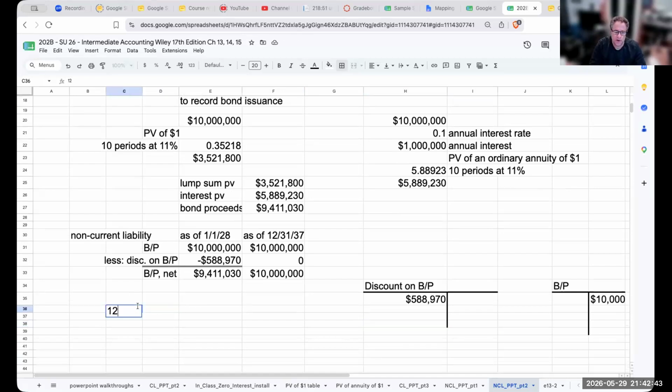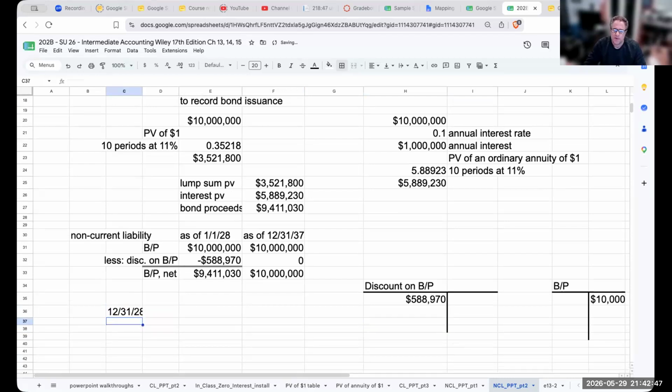So how do we go through and do this? Well, let's go ahead and do 12/31/28. So we're going to look at first straight line bond discount amortization. So on 12/31/28, I'm going to debit interest expense.